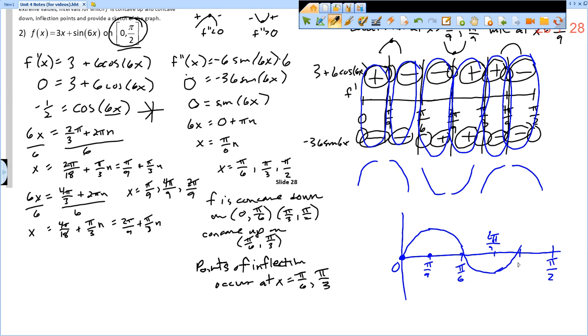Then we join at pi over 3 to the next part, which goes like this, and then our local max at 4 pi over 9, which then goes back to pi over 2. Now, the only point we actually know is 0, 0. All of these other points we don't know off the top of our head, but we could find them by plugging them into the original equation. But that would be our sketch of that function.